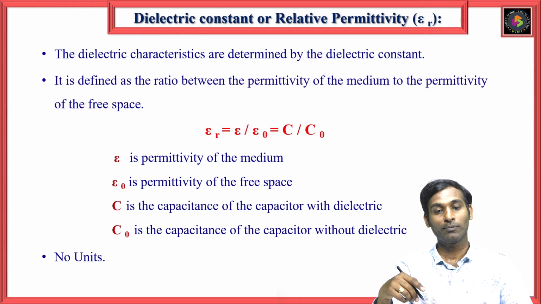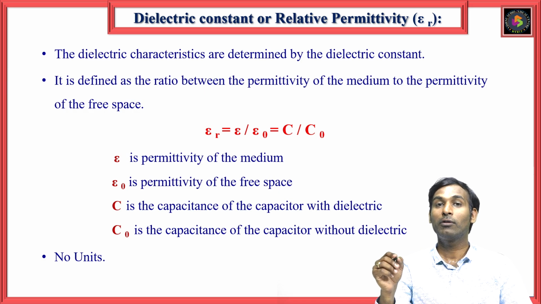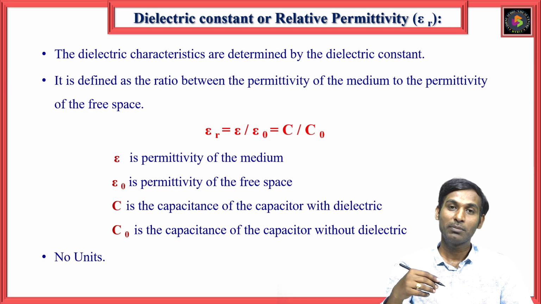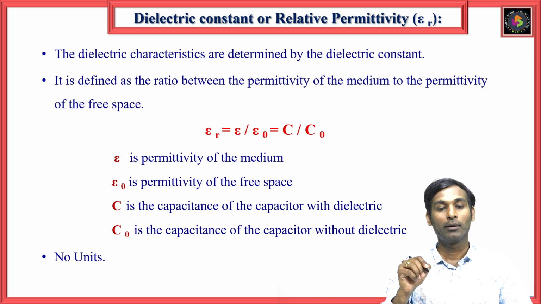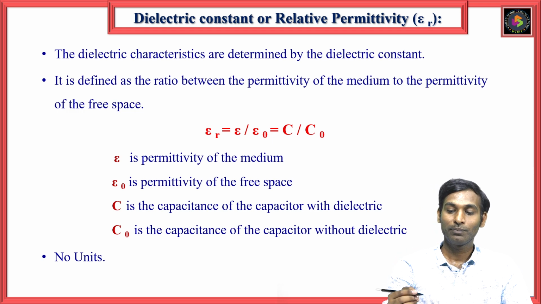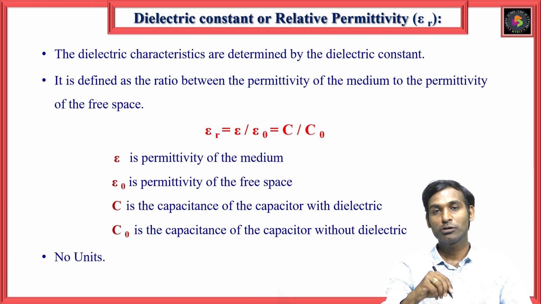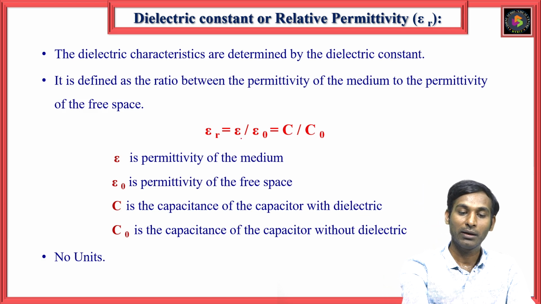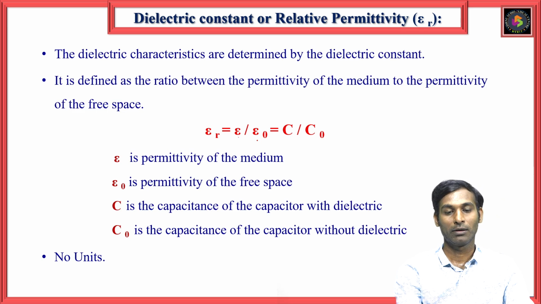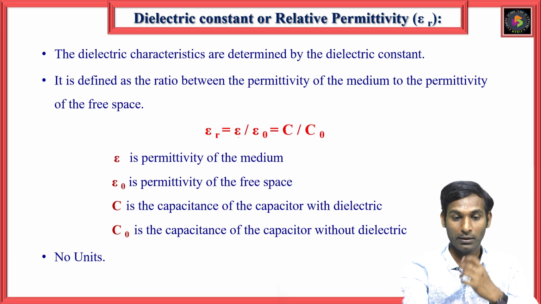Coming to the next slide, what is the dielectric constant and what is the relative permittivity? What is the relationship between E naught and E R? Dielectric characteristics are determined by the dielectric constant only. It is defined as the ratio of the permittivity of the medium to the permittivity of free space.